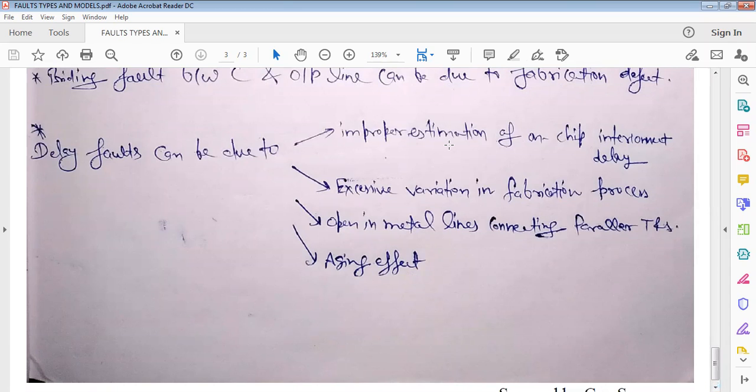Delay faults can also be due to excessive variation in the fabrication process. If there is some open part in the metal lines that connect parallel transistors, then delay faults can also occur. Aging effects also lead to delay faults. So these were the delay faults and models that we discussed.